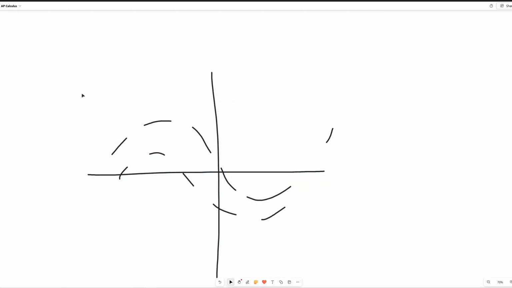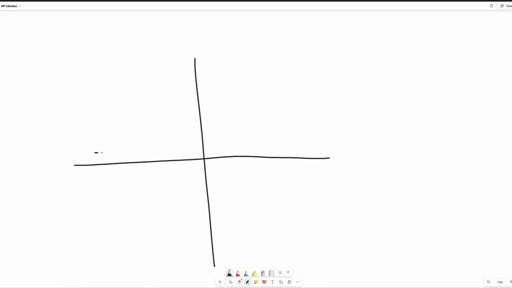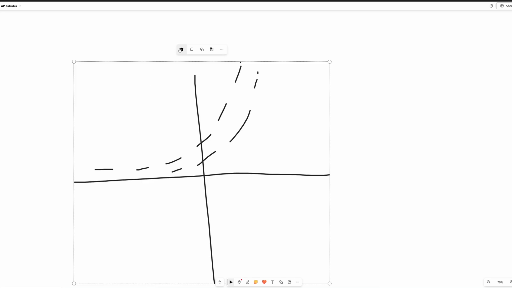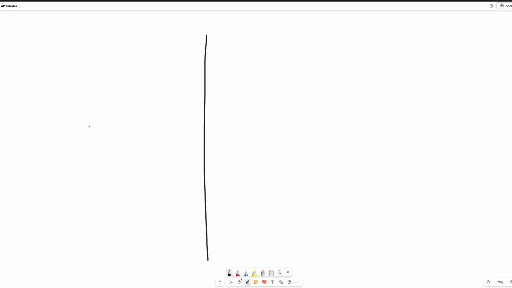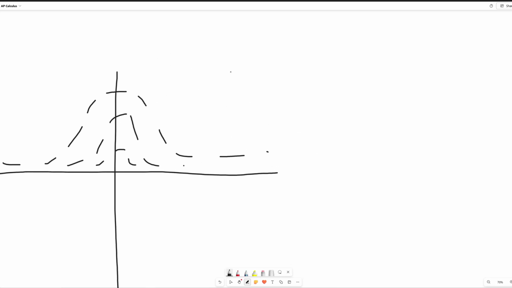If you, for instance, have a function that looks like this, you can think that this is an exponential function. You should automatically be thinking that. If you have one that looks like this, this is going to be a 1 over x squared plus 1 function.